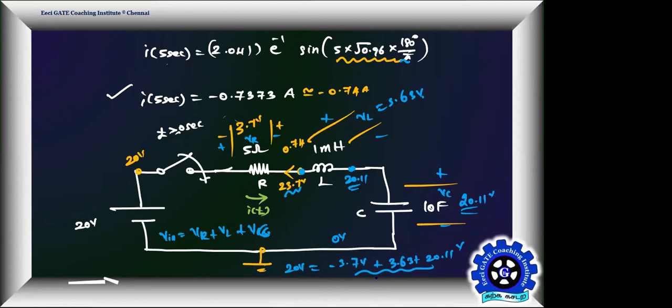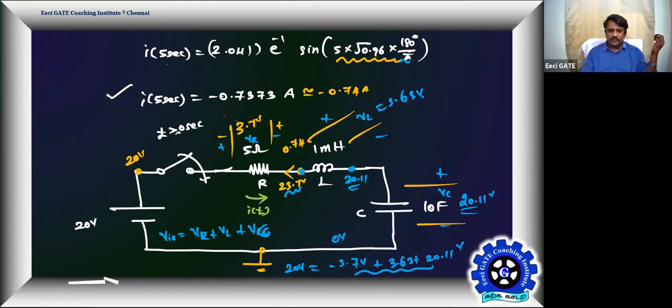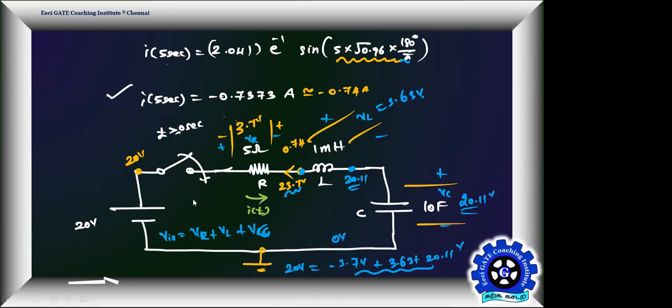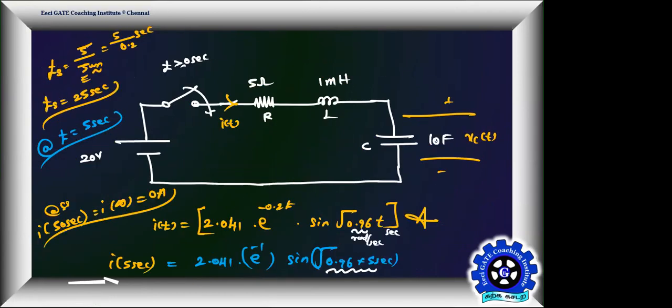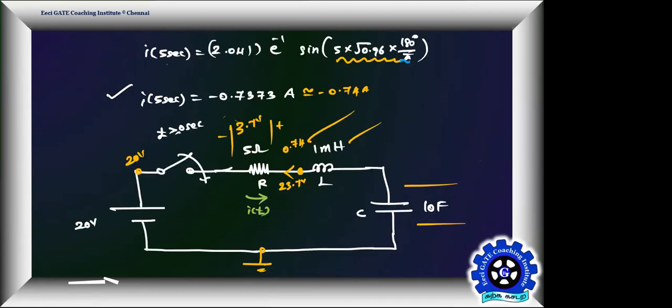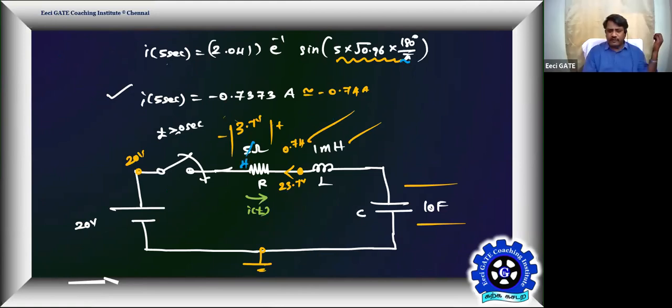Sir, we have taken resistance equal to 4 ohms, not 5. Okay, so resistor equal to 4 ohms. One minute. Okay, then it has to be different. It has to be 4. Then tell me what is the voltage for this? Yes, correct. It's not 3.7.